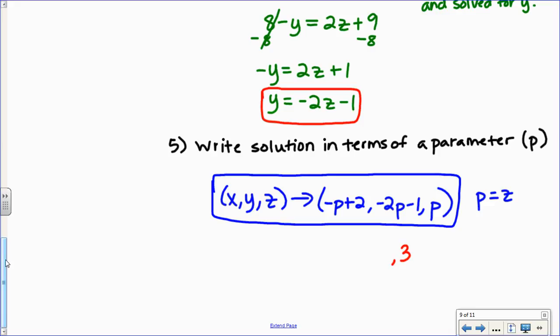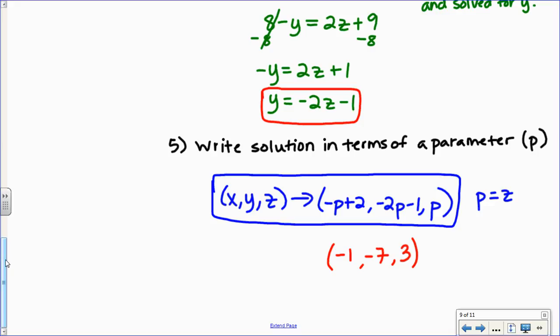Then Y would be negative 2 times 3, so negative 6 minus 1, negative 7. And then X would be negative P, so negative 3 plus 2, negative 1. So this is one example of a solution to the system. If you plug these into the originals, you will get true statements.